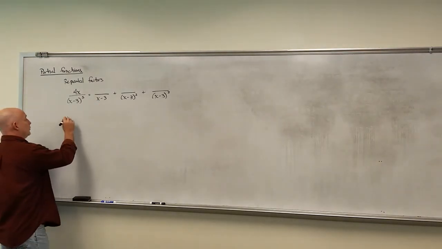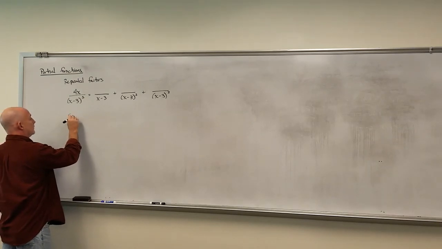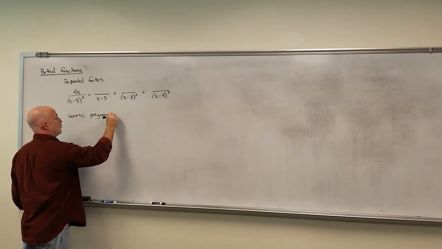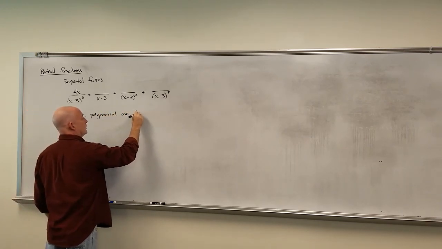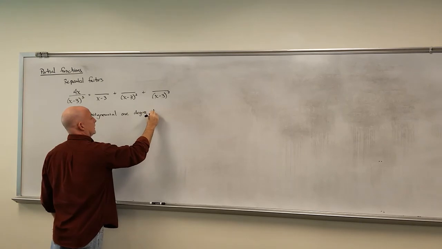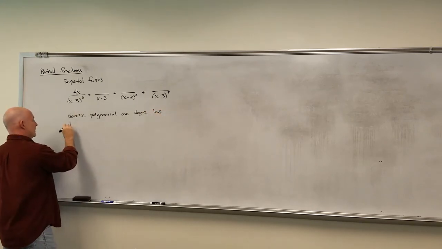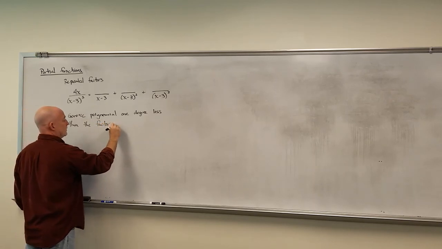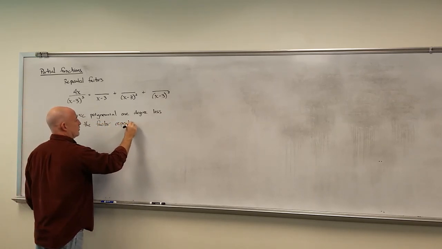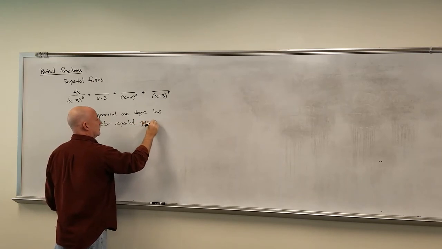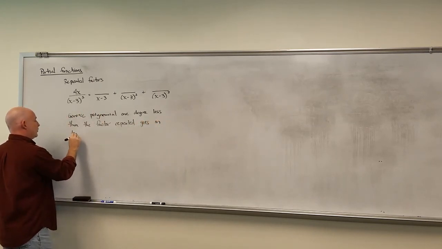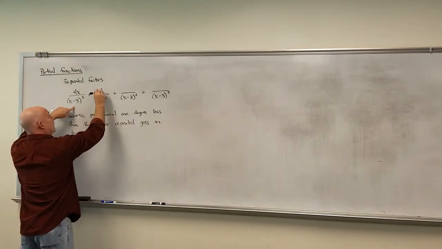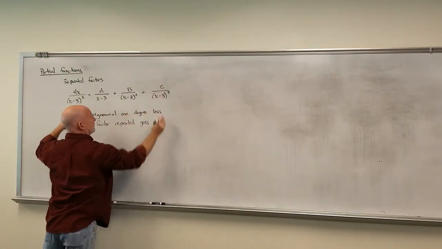So you only put a generic polynomial 1 degree less than the factor repeated on top. So for each one of these, I say, okay, I'm repeating a linear term, so a constant goes on the top of all of them.